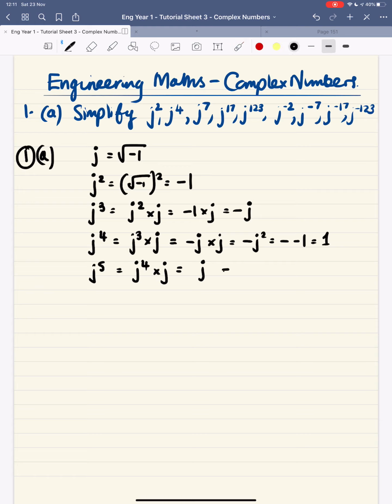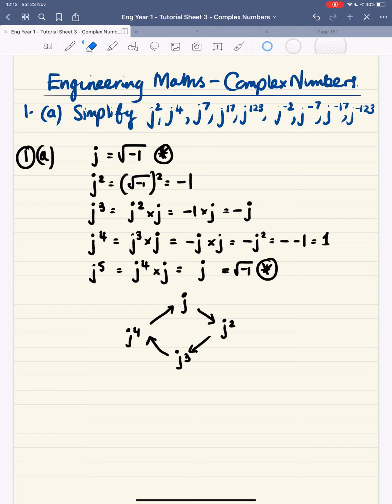So that's the square root of minus 1, and if you look there, it's back to the beginning again. You can think of it going around here: j to j squared to j cubed to j4, and then it goes back to j again.